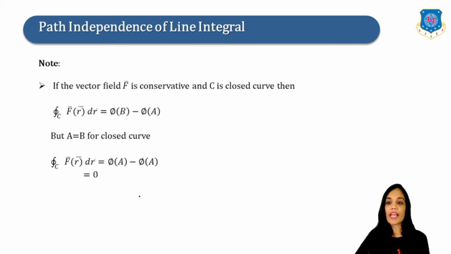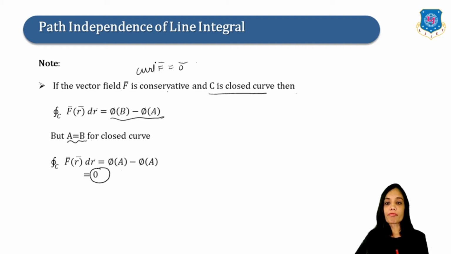So now, next, let us study one important note. If the vector field f bar is conservative, that is, whenever curl of f bar is equal to 0 bar, and C is a closed curve, then we can write A is equal to B in this formula, right? So our answer will be 0.